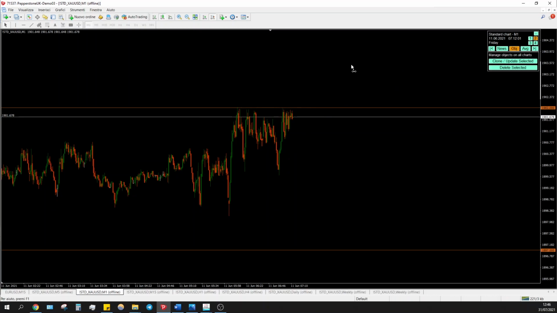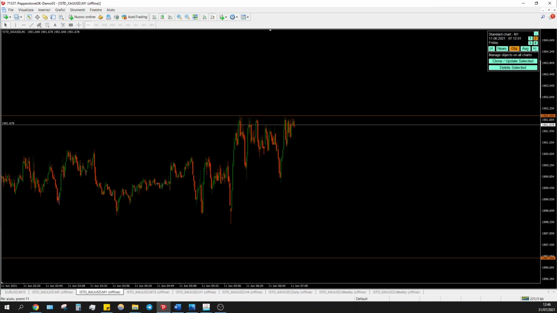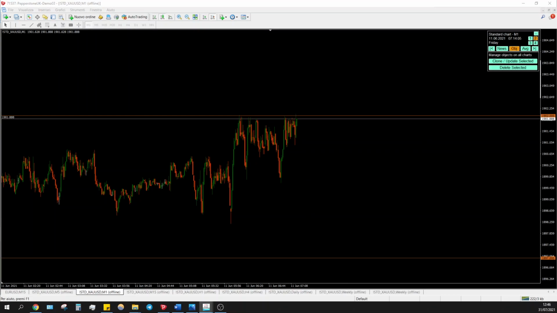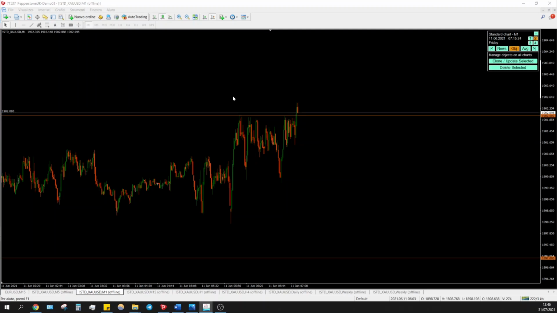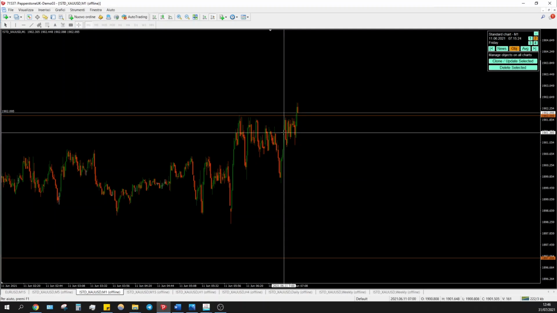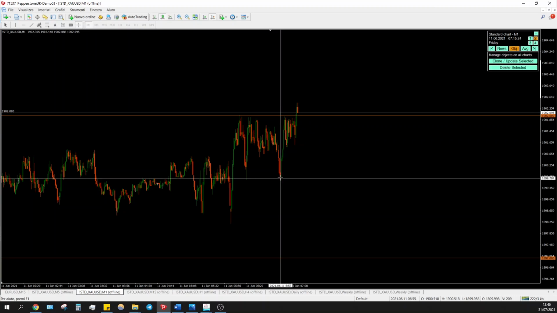So we don't have the certainty to enter yet. Okay, we see it traveling back up. That's why I always tell you, this was London Open, right?